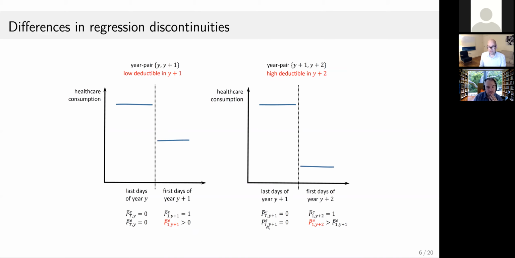Likewise, the current price is 1 in Y plus 2 for this year pair here, and also the expected end of year price for year Y plus 2 will be positive. And interestingly, what we do here is compare 2 year pairs where the second year pair has a higher deductible. When the deductible is higher, it will be less likely that I will hit the deductible limit, and that will mean that my expected end of year price is going to be higher.